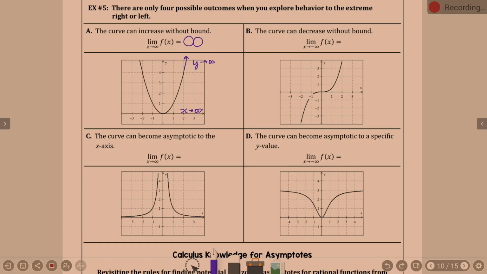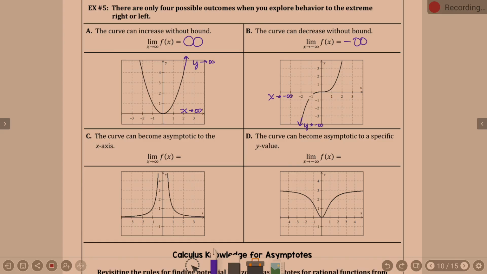B, the curve can decrease without bound. As x approaches negative infinity, so as we go to the left, what's this graph doing? It's going down to negative infinity. So another possible answer is negative infinity. Okay, and those were the first two answers we saw yesterday.